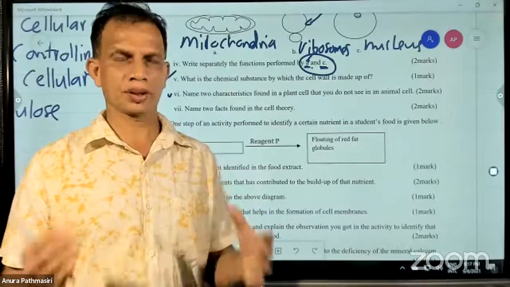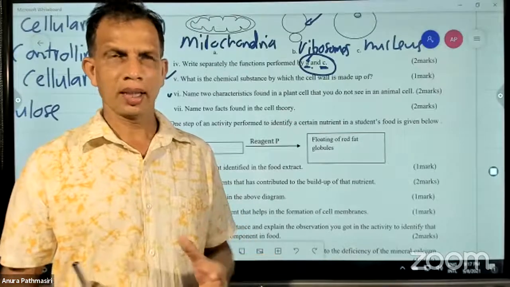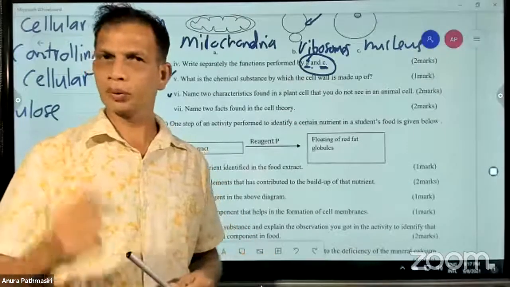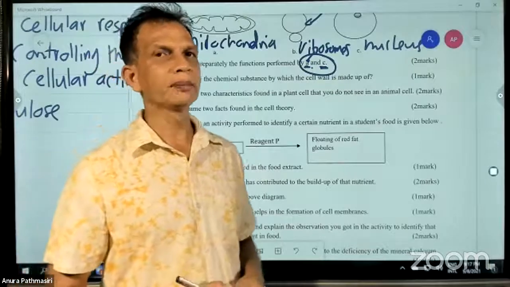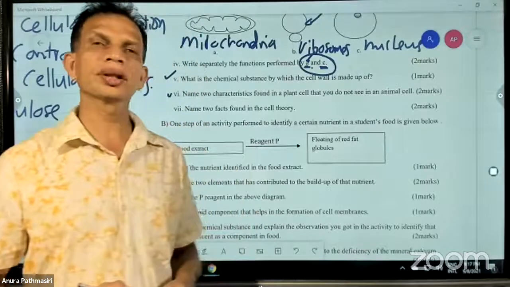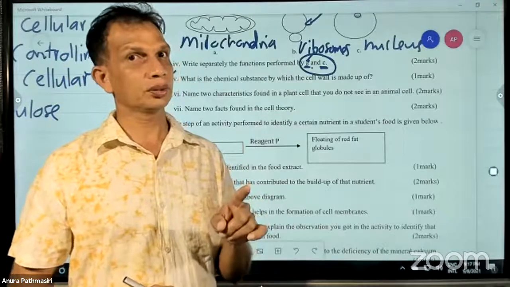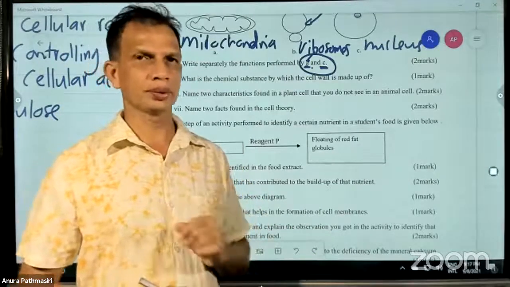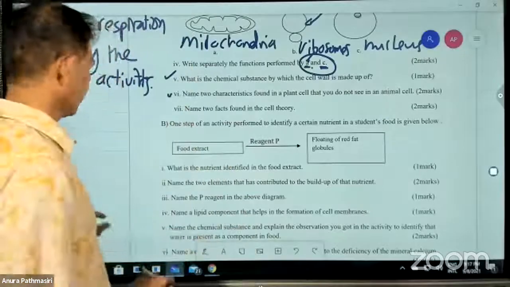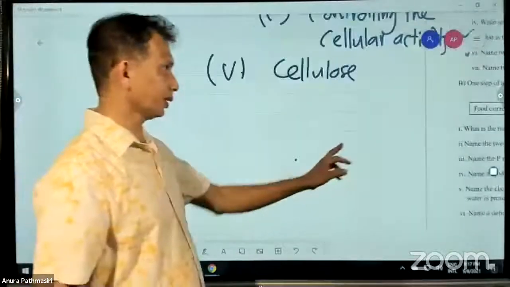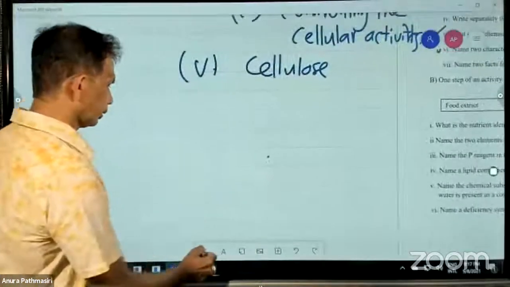Availability of large vacuole, and if you are going further, animal cells have glycogen granules and the plant cells have starch granules. But basically you want to write the major parts.